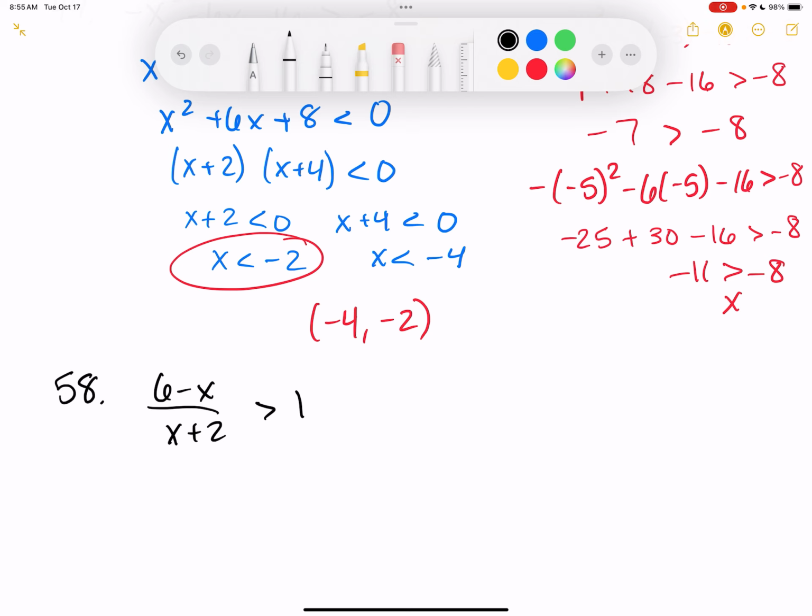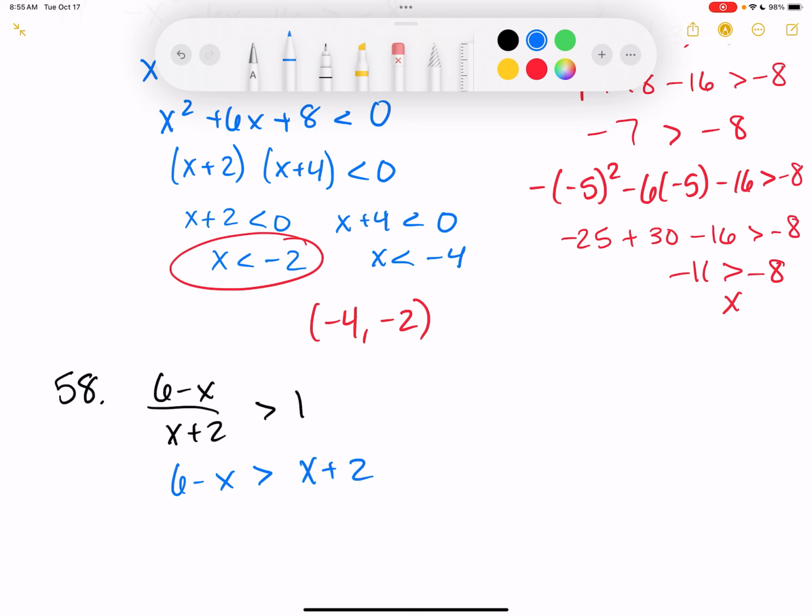What would you multiply by? I want to eliminate the fraction, so I'm going to multiply by x plus 2. So I'll be left with 6 minus x is greater than, since it's 1 times x plus 2, I'm just going to write it as x plus 2.